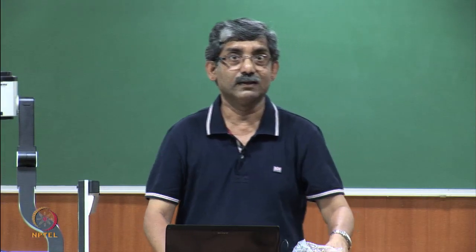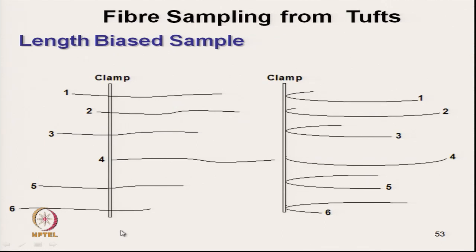So, that is why this is the length bias sample, and here after clamping, these fibers will get folded, like fiber 1 forms like this, fiber 2 forms like this, fiber 3, fiber 4 has been clamped at the end point. Now, there are two main assumptions.